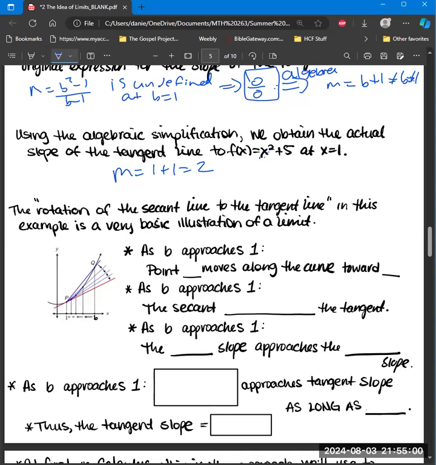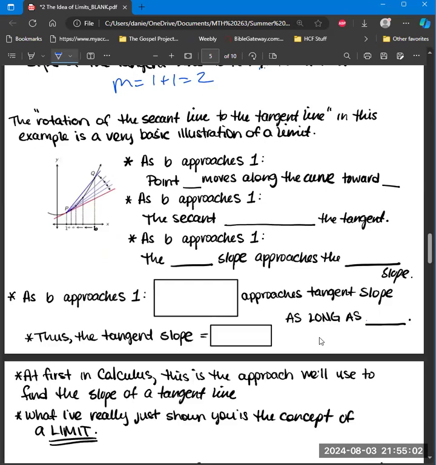More generally, the rotation of the secant line to the tangent line in this example is very basic. Look at the illustration here. Point Q, as they call it here for the second point, moves along the curve towards point P. As b approaches 1, the secant line rotates towards the tangent line.